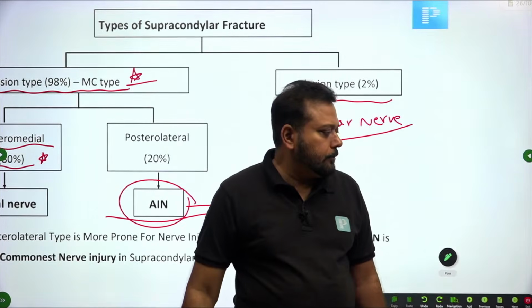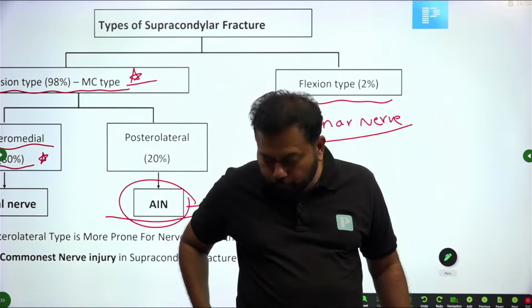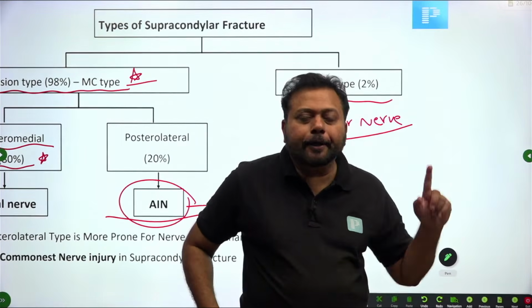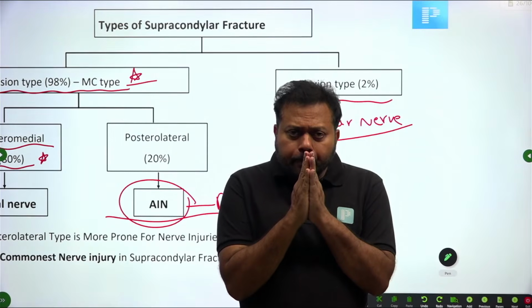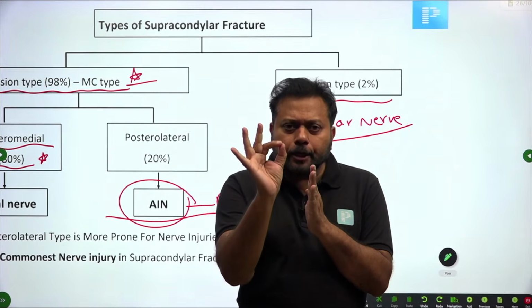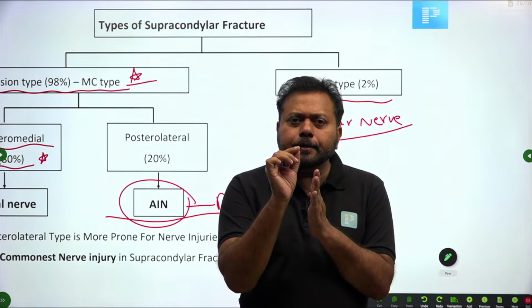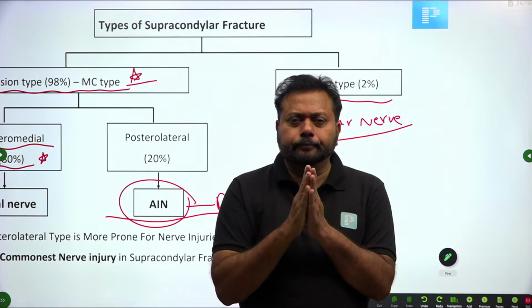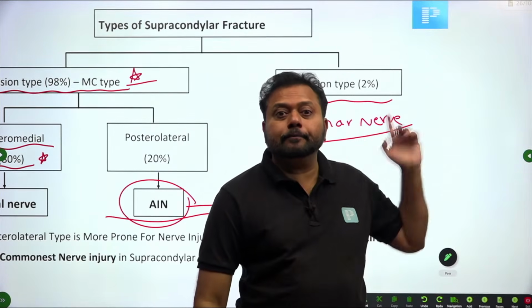Okay. Now good. So I repeat, dear friends, please focus your full attention. I repeat the same point. You see here, most common type of supracondylar fracture is extension. And the most common nerve that is damaged is anterior interosseous nerve. Rarest type of supracondylar fracture is flexion.